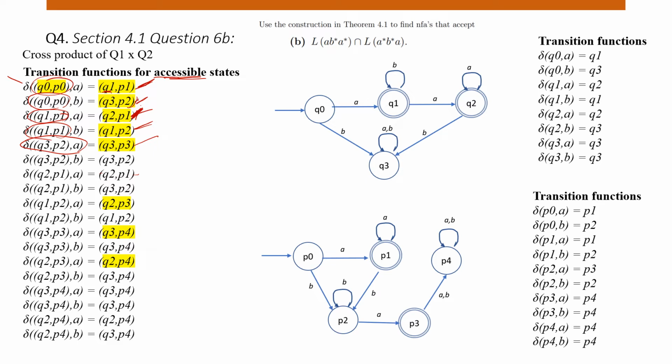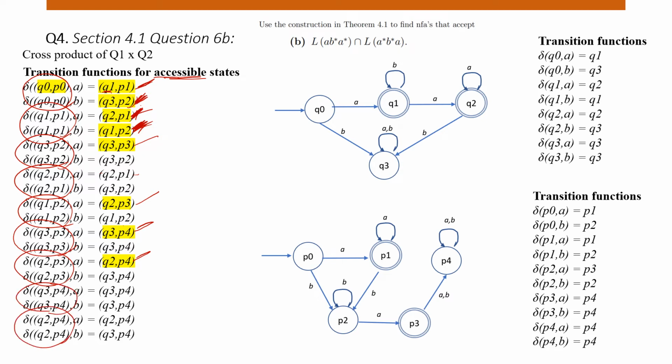Q3, P2 we already have, so that's not a new accessible state. But Q2, P3 will become a new accessible state. Q1, P2, we already have that accessible state. Q3, P4 is a new one, Q2, P4. So these are all the accessible states: Q0, P0, Q1, P1, Q3, P2, Q2, P1, Q1, P2, Q3, P3, Q2, P3, Q3, P4, and Q2, P4.